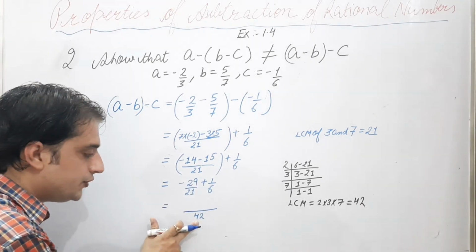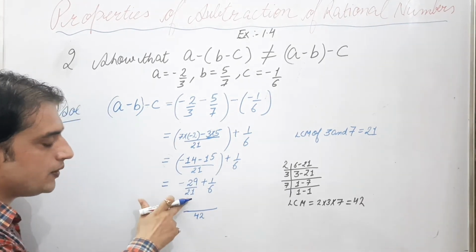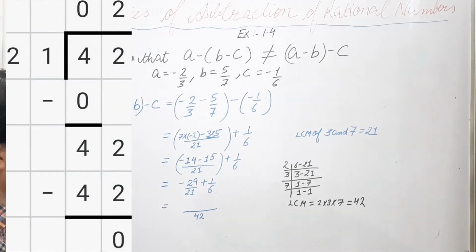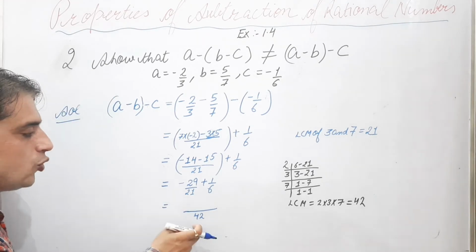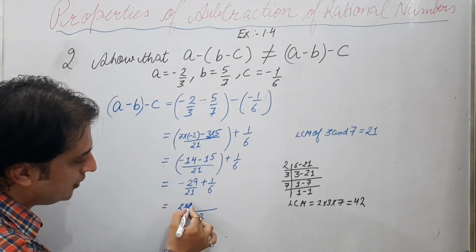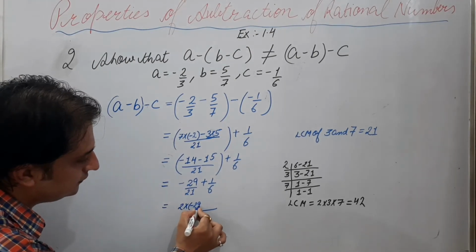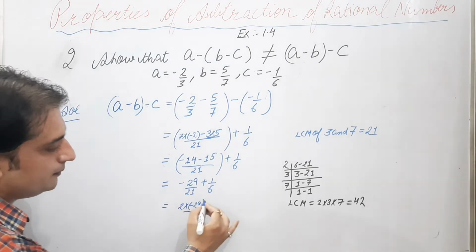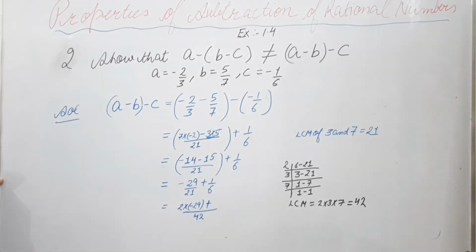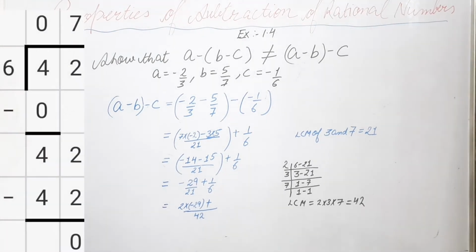Now 42 divided by 21. 21 1s are 21, 21 2s are 42. So in this case the quotient is 2, which is to be multiplied with minus 29, right, plus 42 divided by 6, 6 5s are 30, 6 7s are 42.